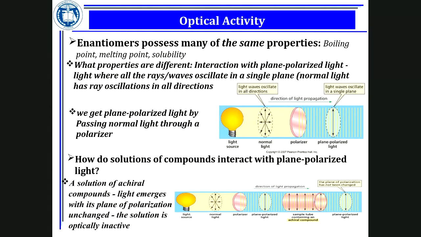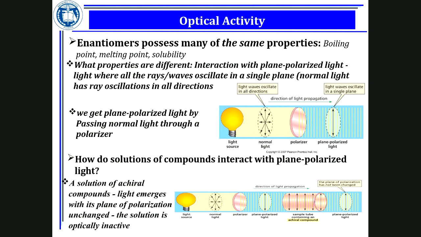So, the polarimeter: two filters, one fixed, one movable. The light comes in. If your compound here is chiral, it is going to rotate the light, and it is not going to pass through the second filter. You have to rotate the filter until you see the light.